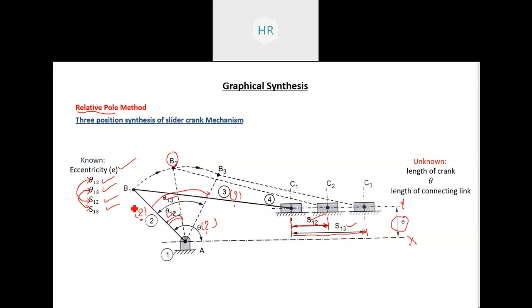So keep this in mind also, because while plotting the pole point this will be used. Okay, so now let's have a look at the procedure.